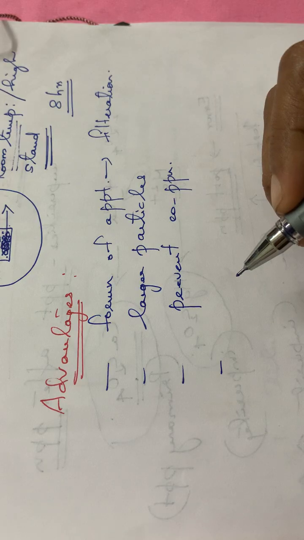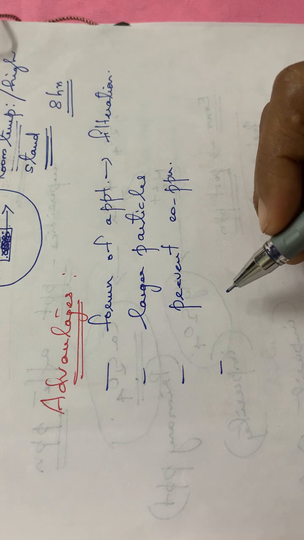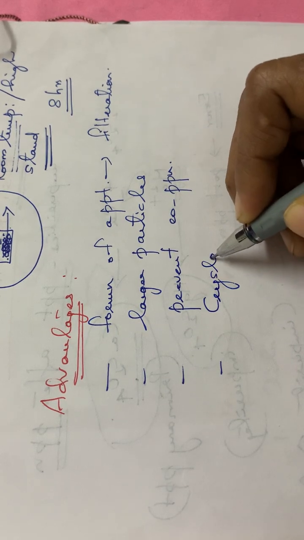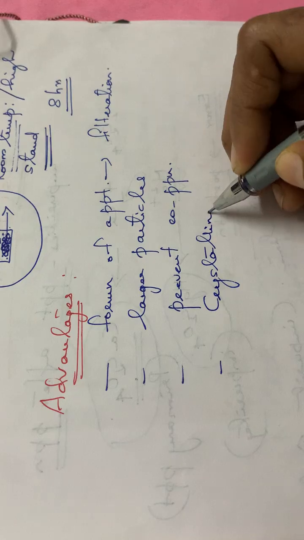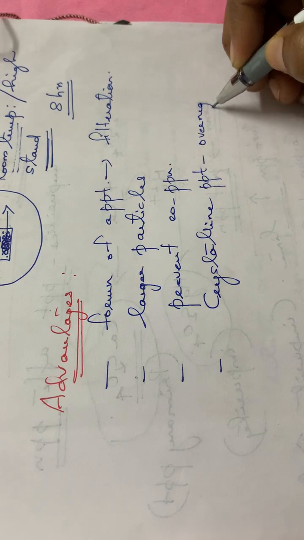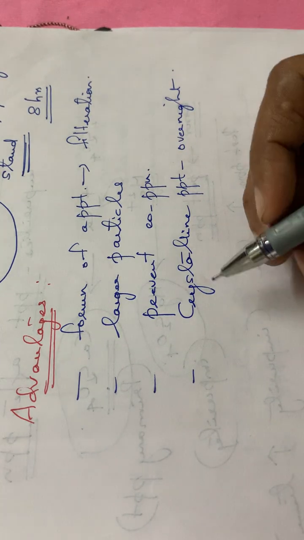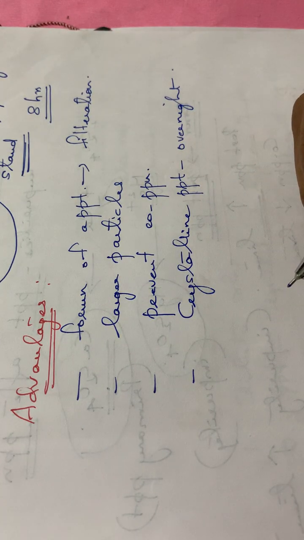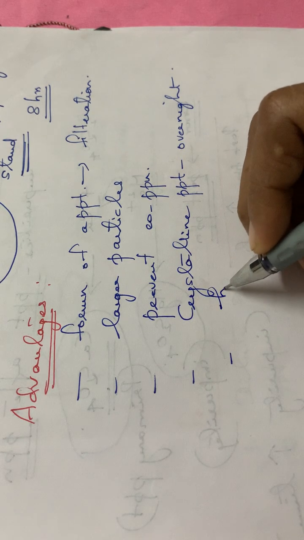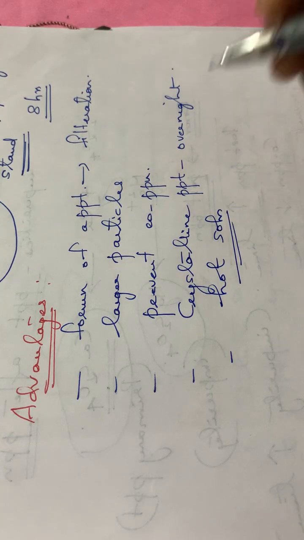Then the next case is the case of crystalline precipitates. Usually crystalline precipitates will be kept overnight. And in some cases, if the precipitates are not so soluble in hot water, we will be using a hot solution for this digestion.